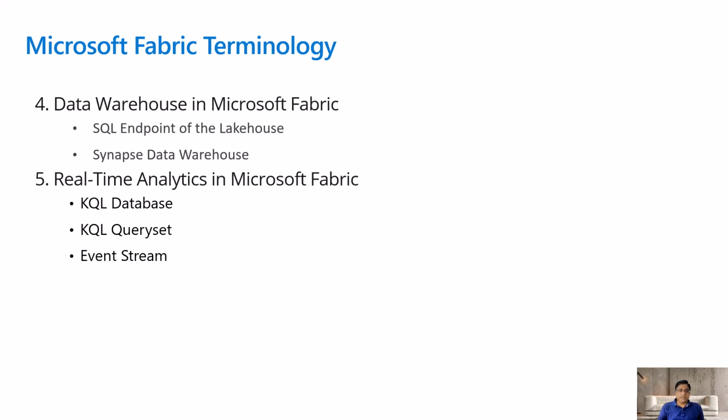And then the third part is the event stream, where you can capture, transform, and route all the real-time events coming from the Fabric platform. The interface is very user friendly, and you don't have to do any coding. It is very easy to combine these streaming data sources and generate insight from it.